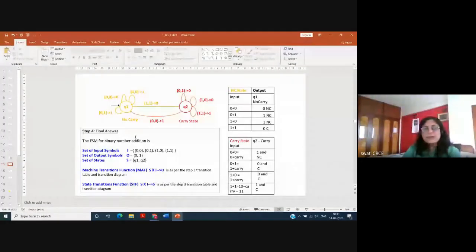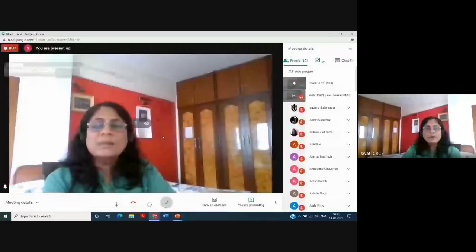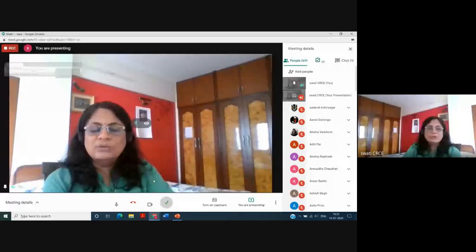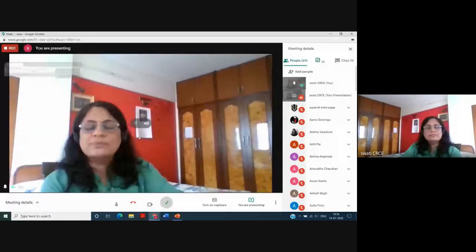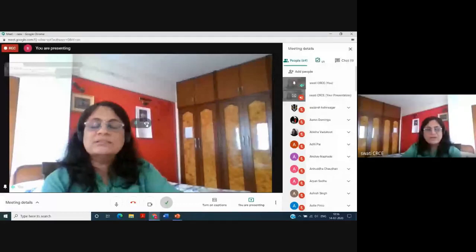Okay, like here in this example, we are doing the addition, and for addition of every bit, some kind of output is generated. For the previous problem of divisibility by 3 tester, for every digit, it was generating the output as either yes or no, yes or no. But we were showing as per the logic that whenever it is divisible by 3, it may be the final state.